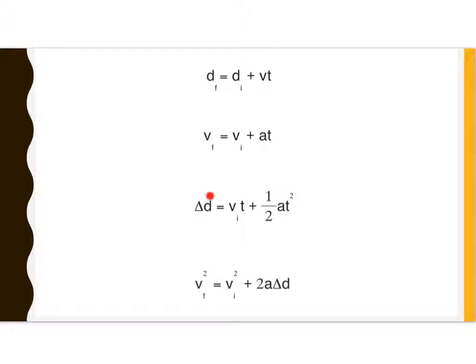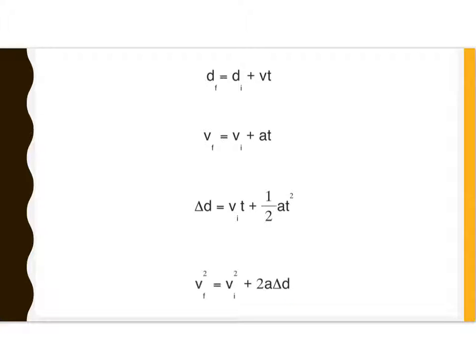We have delta d, or your displacement, equals your initial velocity times time, plus 1/2 the acceleration times time squared. And then vf squared equals vi squared plus 2a delta d.